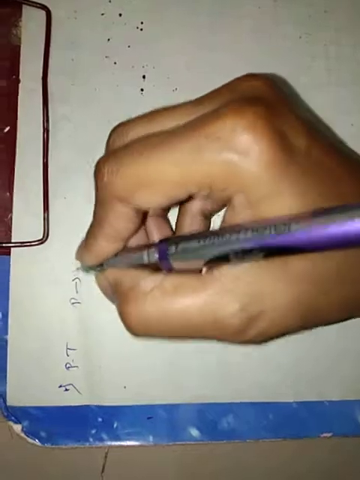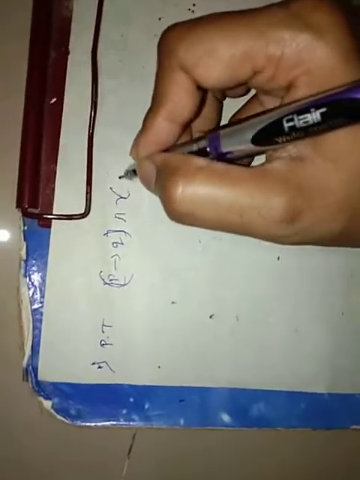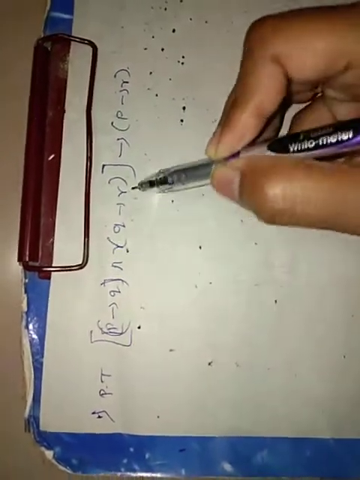The proposition is P implies Q and Q implies R implies P implies R. We have to construct the truth table for this compound proposition and verify that it is a tautology.